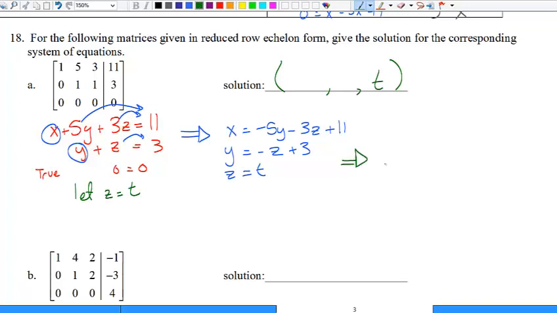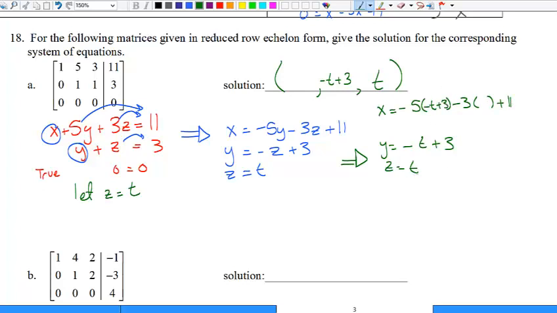Okay, now using these equations, I can say, well, I know z is t. So y is equal to negative z, but z is t, plus 3. So now I have that answer too, which is negative t plus 3. And I can do the first one as well. X is equal to negative 5y minus 3z plus 11. And who can I plug in for y? Negative t plus 3.